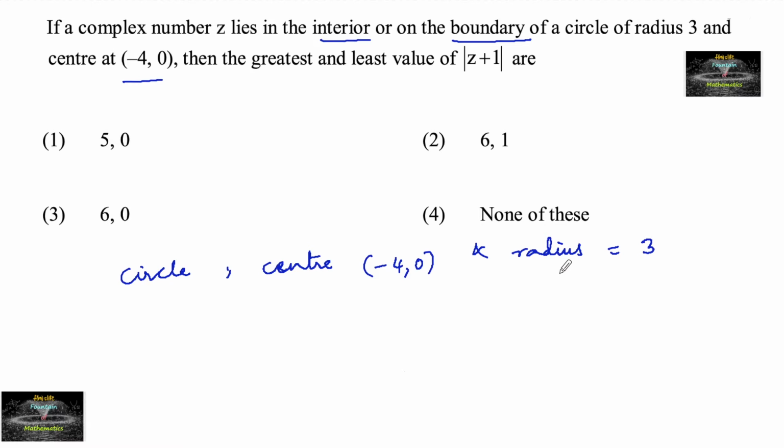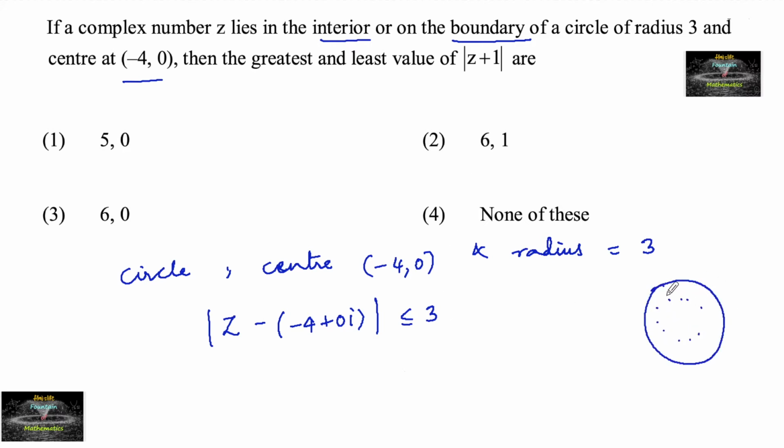So we can represent this in complex number form like mod of z minus, and the center we can take as -4 plus 0i, is less than or equal to 3. Since it is interior or on the boundary, the complex numbers satisfy either on the circle or inside the circle.